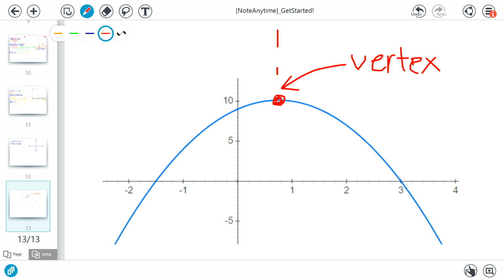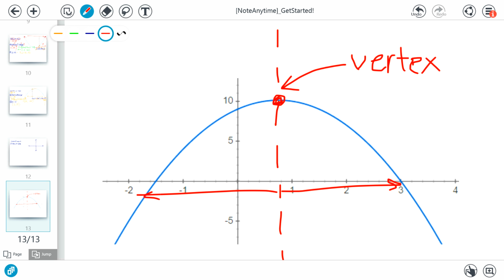Now, remember how we talked about this U? We could fold it in half and it would be proportional. Basically, the distance from here to here and here to here would be equivalent. That line that folds this graph in half always will go through the vertex.